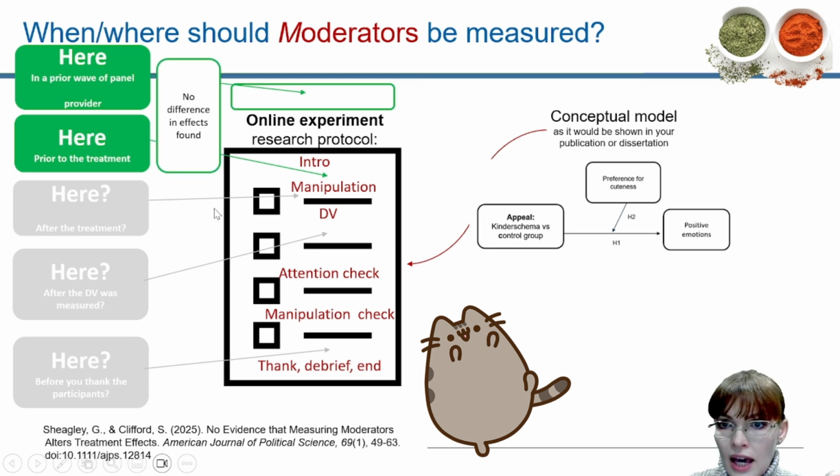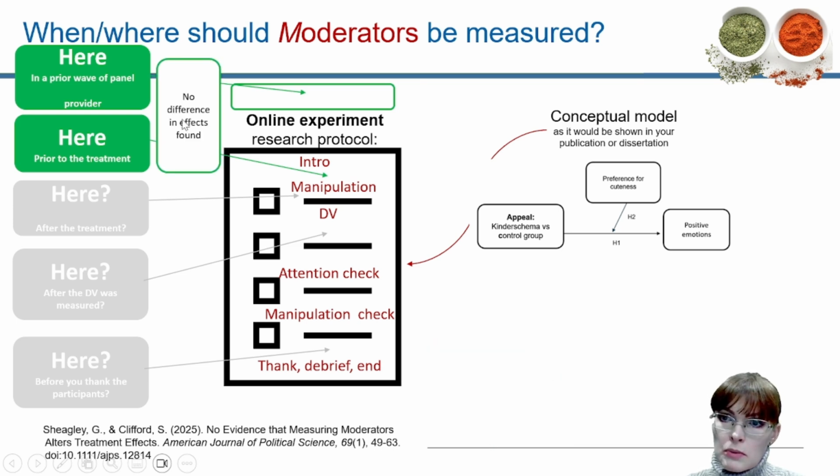They found that there was no difference between measuring your moderators sometime before the actual exposure, if you rely on panel providers, and let's say you can collect data two or three weeks before or even a month before the actual exposure. They also found no difference between this and this approach, if you measure your moderators before the manipulation.